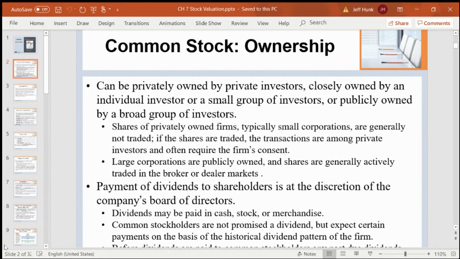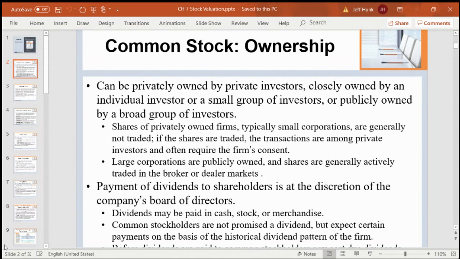So in the primary market, the stock is transferred from the issuing company to the first round of buyers. And from there on, it's all secondary market.